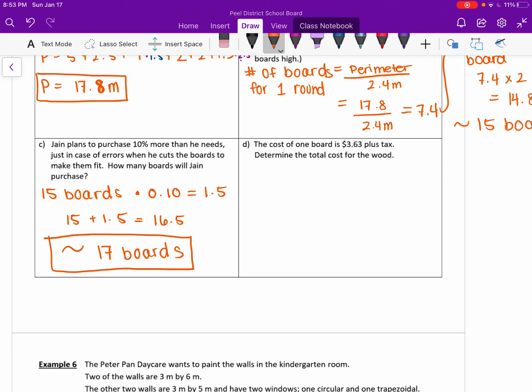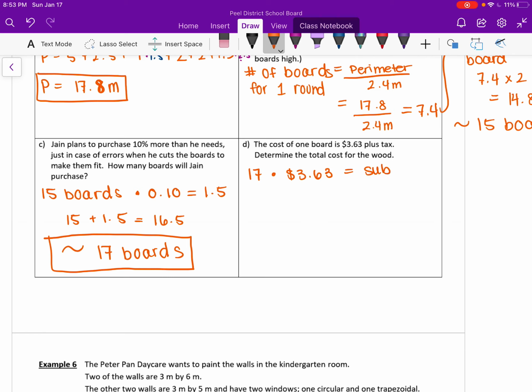Okay? Now, we know that each board is going to cost him $3.63 plus tax. Let's find out how much it's going to cost him in total. So we know he's going to buy 17 boards, right? And each one's going to cost him $3.63. So let's just find the subtotal.